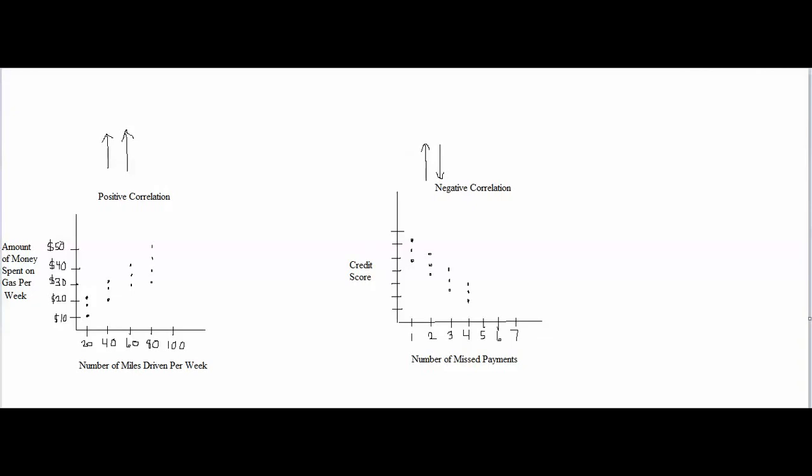Now let's imagine that we were asking people for their shoe sizes and their IQs. We're doing a survey on shoe size and IQ. So maybe we'll put shoe size on the x-axis when we create the scatter plot, and we'll put IQ on the y-axis.